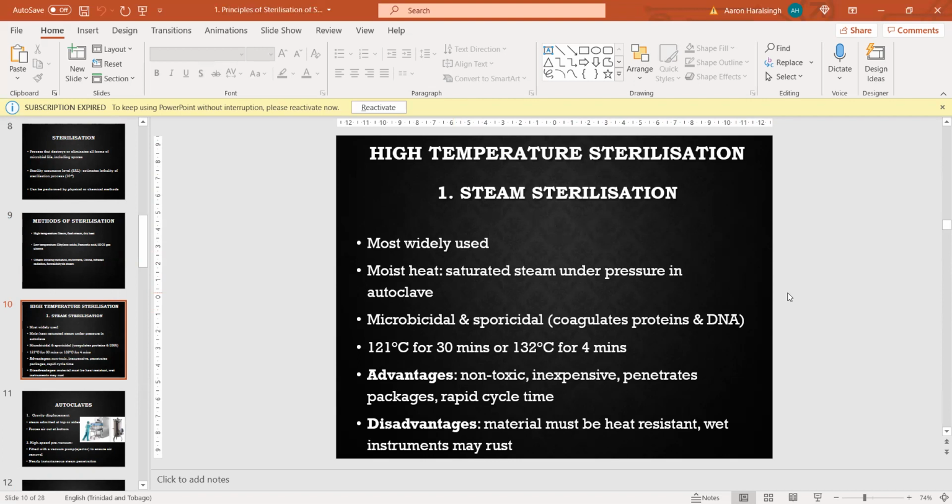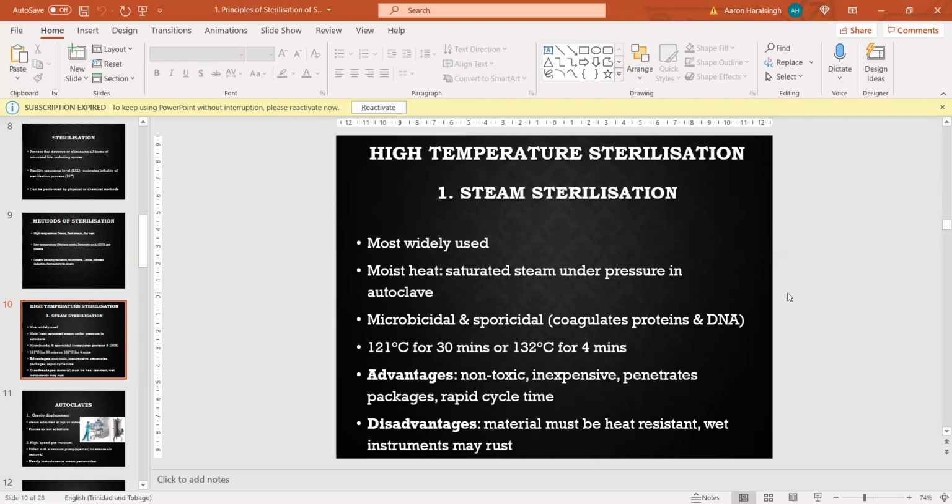It is both microbicidal and sporicidal, meaning that it kills bacterial spores as well. And it can be done in two ways. The conventional way, which is what is done in the commercial autoclave in CSPD, keeps the instruments at 121 degrees Celsius for 30 minutes, right? So 121 for 30 minutes.